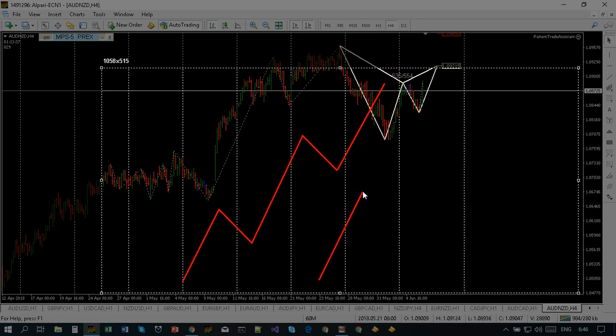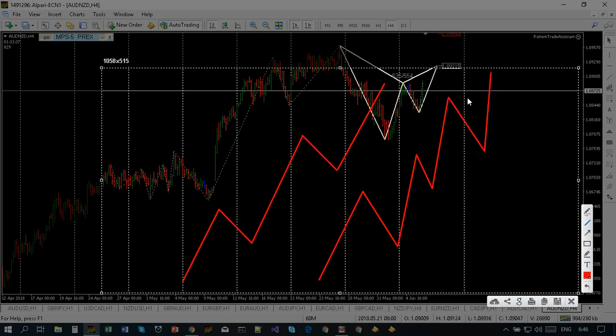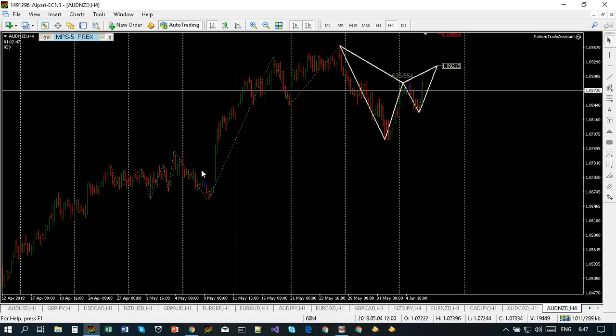When price moves in inconsistent corrections, something like this, small corrections, then again a large correction, then again a small correction, chances are after this junk we'll have a false breakout, and it will be the beginning of a new trend. So what we have right now is something here.